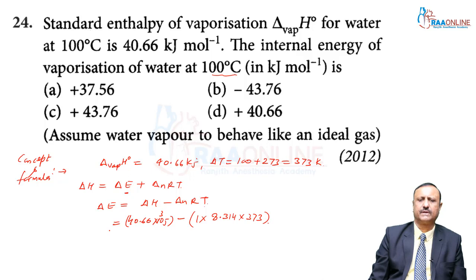Now, my dear students, when you multiply these values and subtract, you get delta E as 37559 joule per mole.